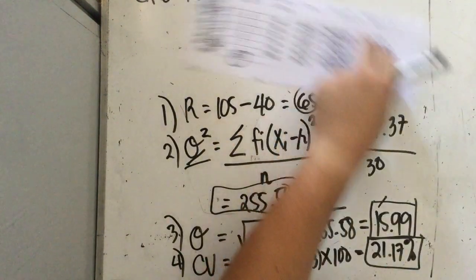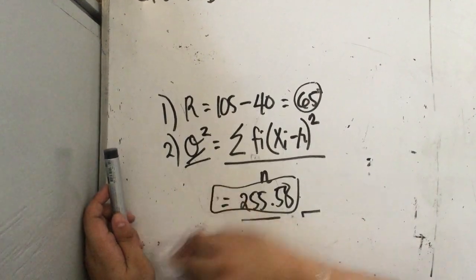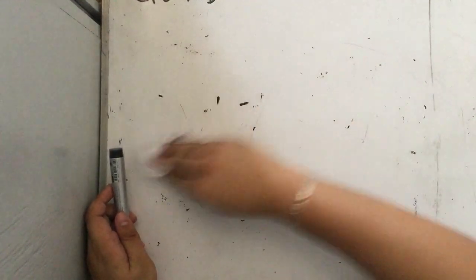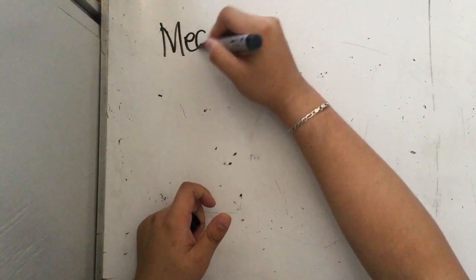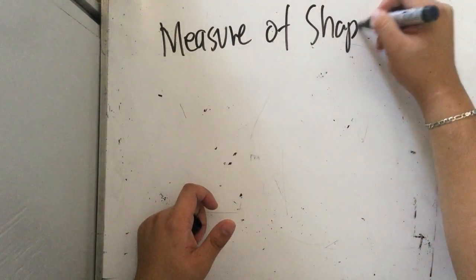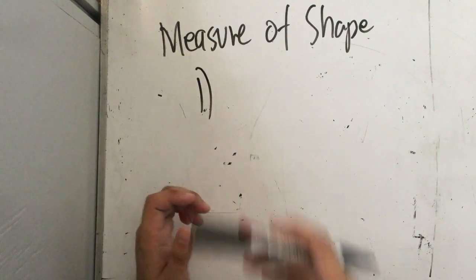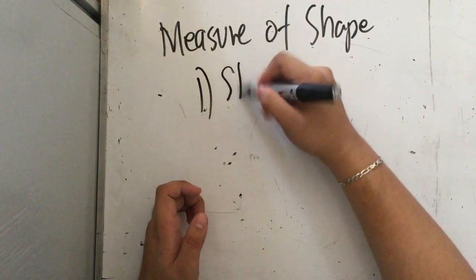Okay, so after we compute our measure of variability, we have our last measure in our descriptive statistics. We have the measure of shape. So this is very easy. If we want to measure the shape of the data, we measure the skewness.